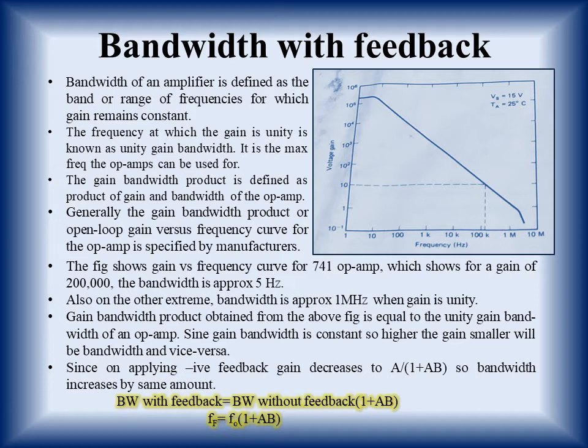What does this mean? Bandwidth increases on applying negative feedback. The amplifier can be made to work over a larger range of frequency, so more frequency range can be included and the amplifier can suitably work there. So it is again a beneficial thing for us.